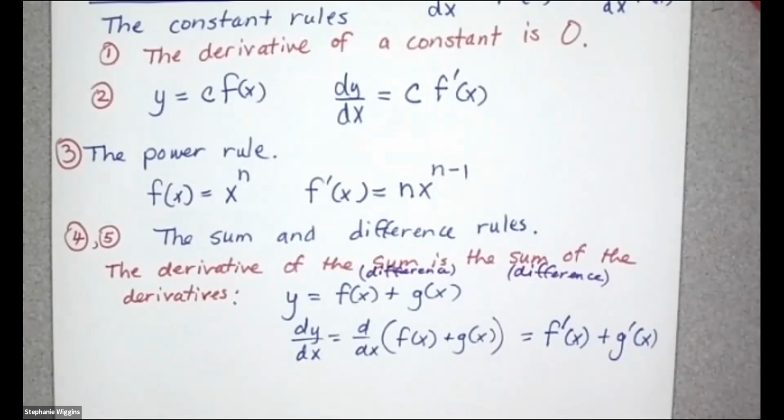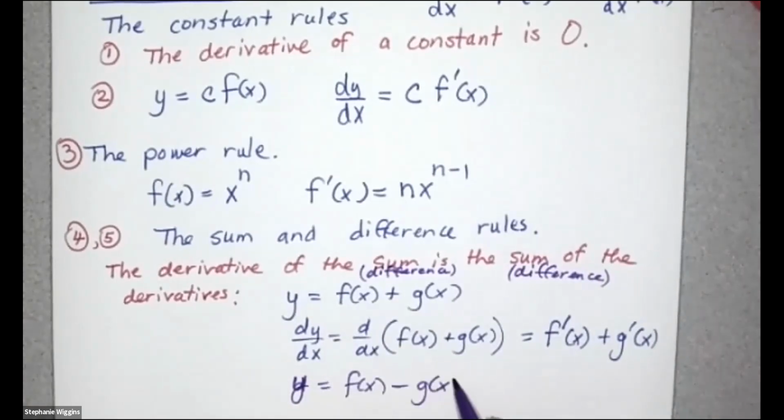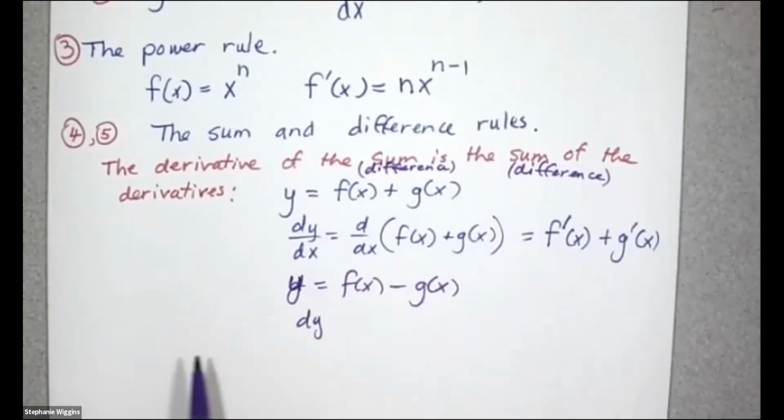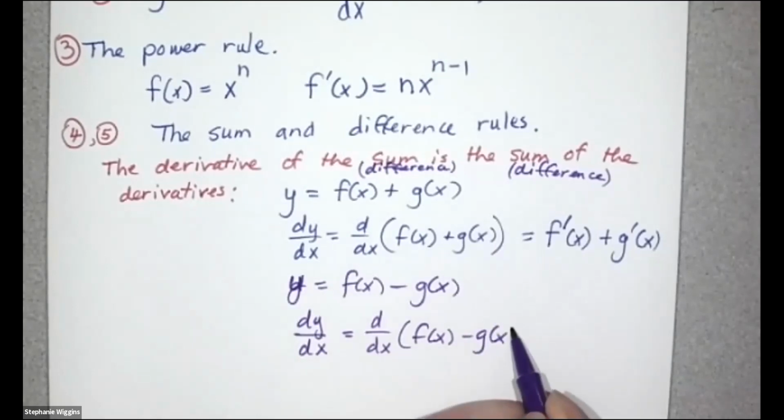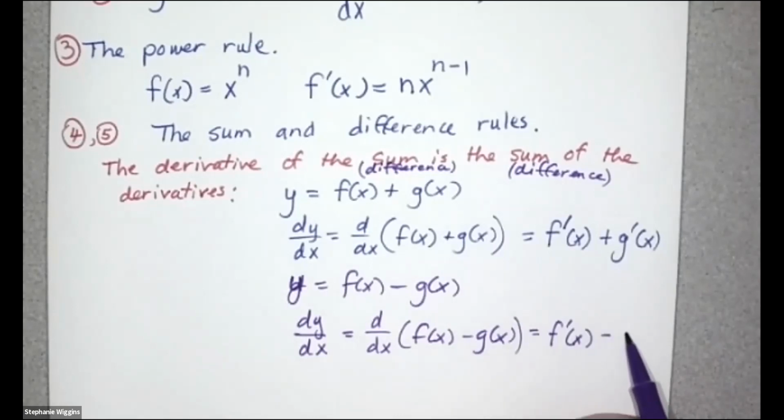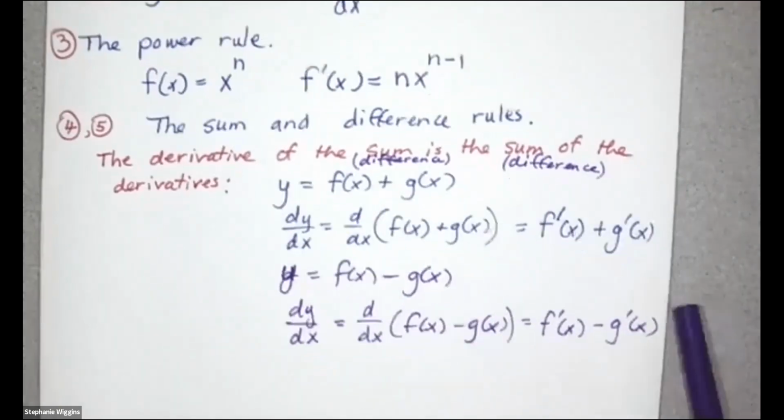And if I want to write that out, if y equals f of x minus g of x, then dy dx is the derivative of f of x minus g of x, that's the derivative of the difference, is the difference of the derivatives. Okay. So those are the sum and difference rules.